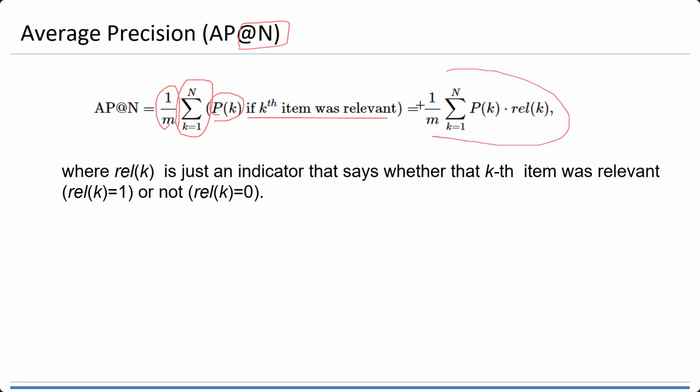So we have this formula, pk multiplied by rel k, where rel k is just an indicator that says whether the k-th item was relevant. So it is 1 or 0. If it is 0, then the term will also be 0, because every value multiplied by 0 is 0. If it is relevant, 1, then we will check what the precision is. Okay. So in this case, this is the precision.